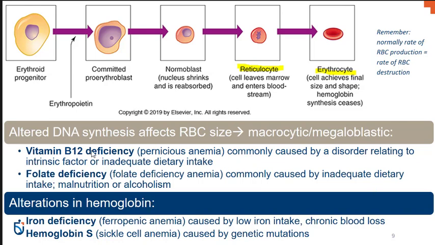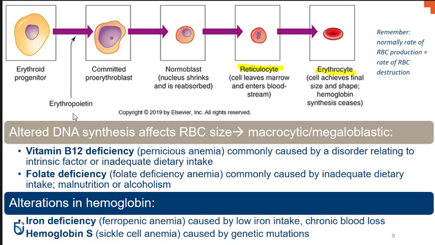There are certain anemias that are related to some problem in DNA synthesis. So when the red blood cell is developing, there's some alteration in DNA synthesis. And this can be because of missing important vitamins that contribute to normal DNA synthesis.